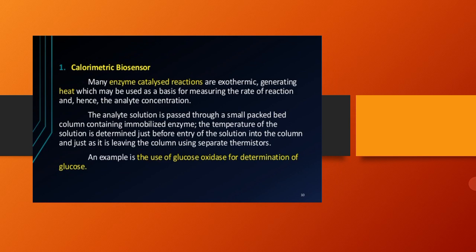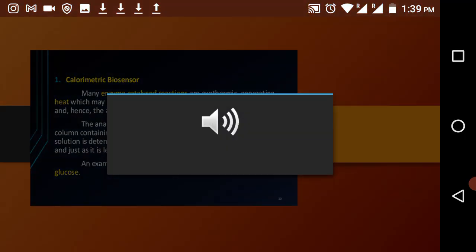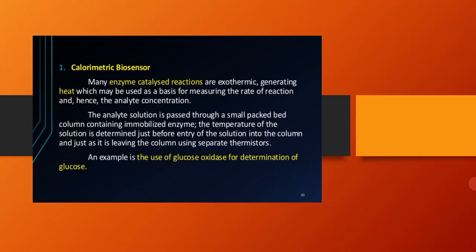So the analyte solution is passed through the small packed bed column, and on that column there will be the immobilized enzyme. After this, the analyte will bind to the enzyme. Now the reaction takes place between the analyte and the enzyme, the substrate and the enzyme, producing the product and developing heat, because these reactions are exothermic in nature.